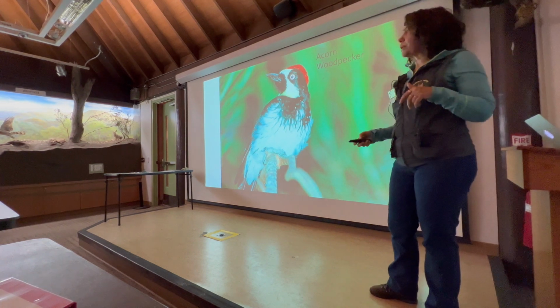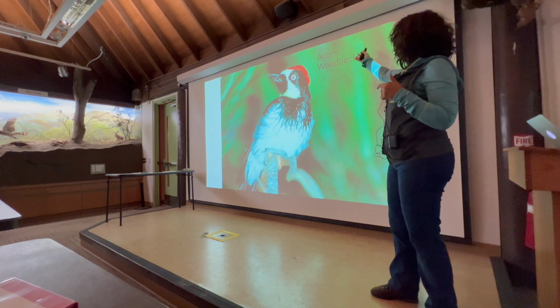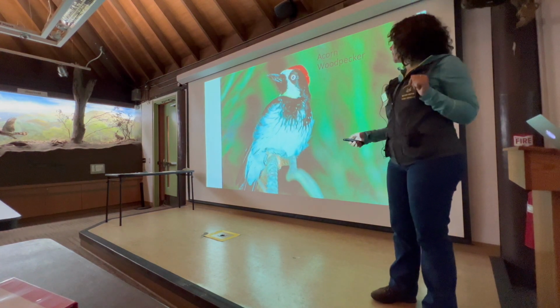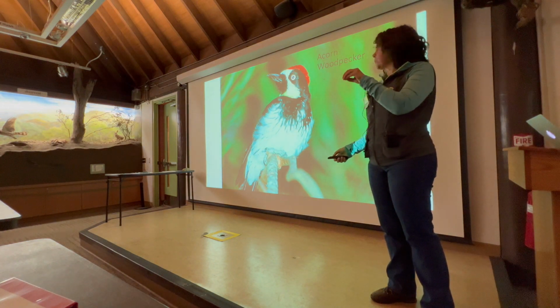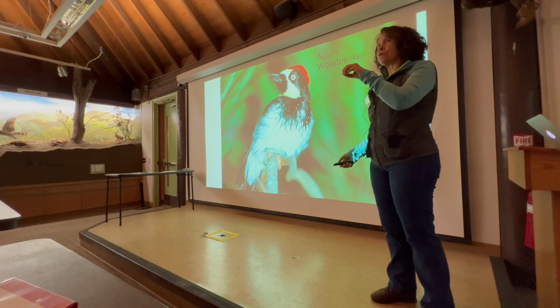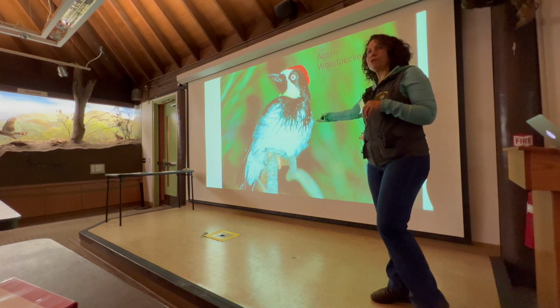Which lets them communicate with others in their environment, right? Like, here I am, I'm bright red, right? They have a beak that's shaped to their food source, right? They have feet that are well suited to where they live.